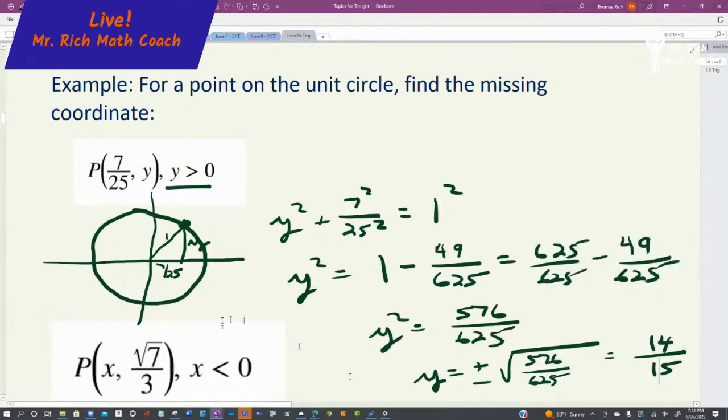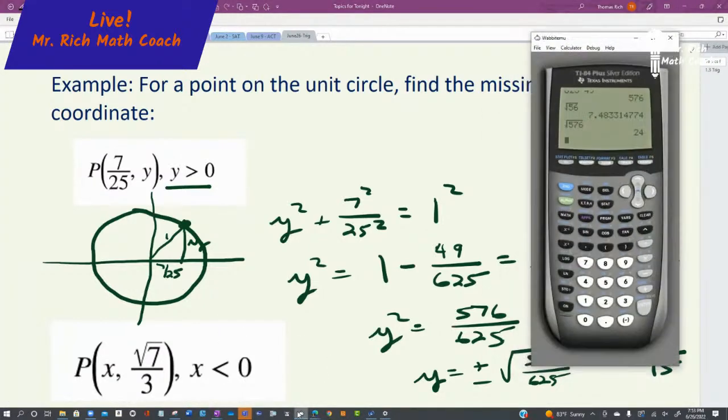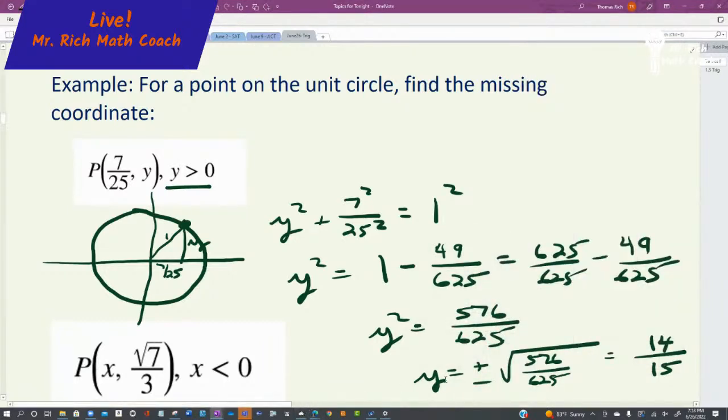This is 24 over 25. All right, and now it could be a plus or minus, right? But we're talking about y being positive, so this coordinate has to be 24/25. So that means that if it's on the unit circle and the x value is 7/25, then this would have to be a positive 24/25.